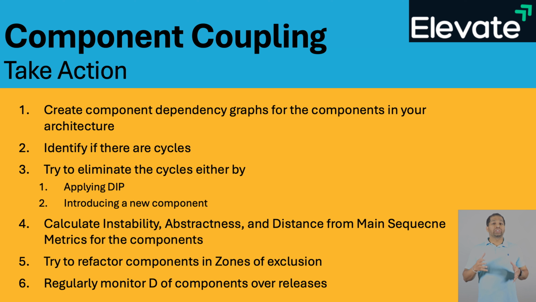Next, I want you to calculate instability, abstractness, and distance from the main sequence metrics for each of the components. If there are components that are falling in the zones of exclusion, I want you to refactor. Finally, you need to regularly monitor the D-metric of your components over releases to make sure that it stays within the threshold value you specify.